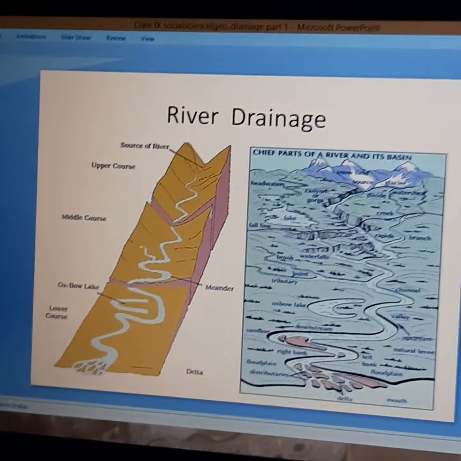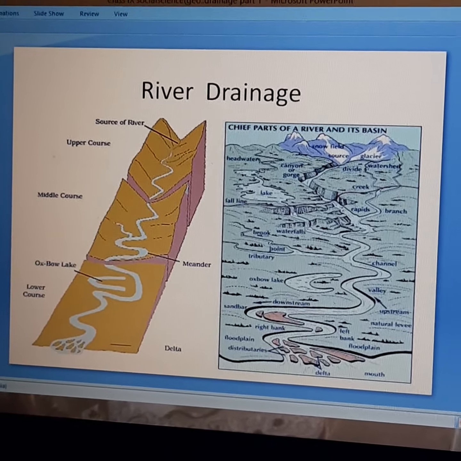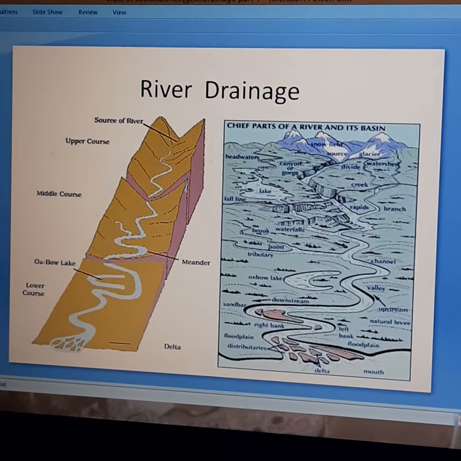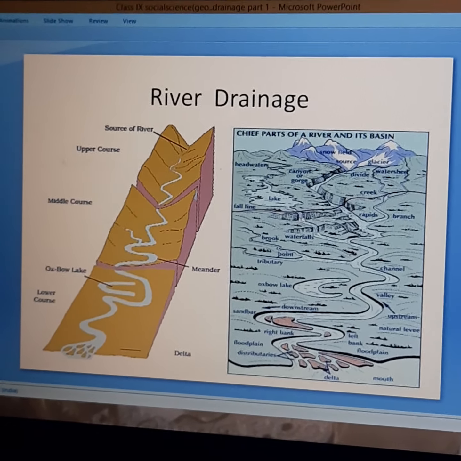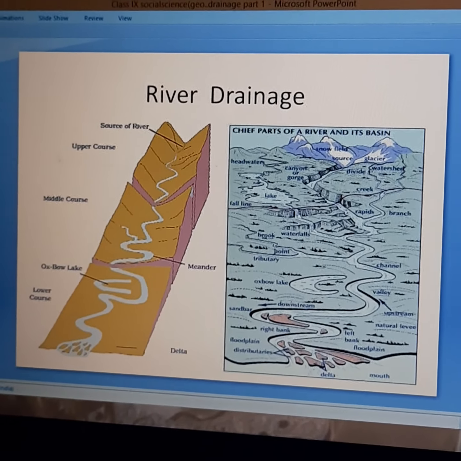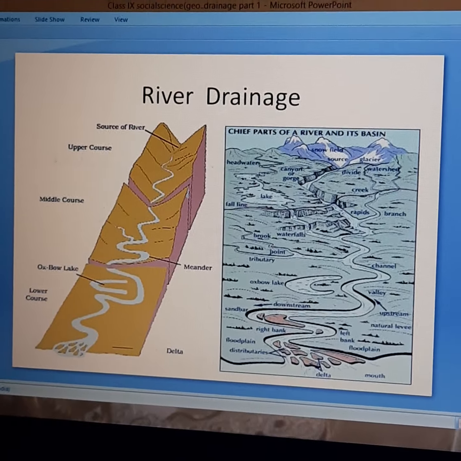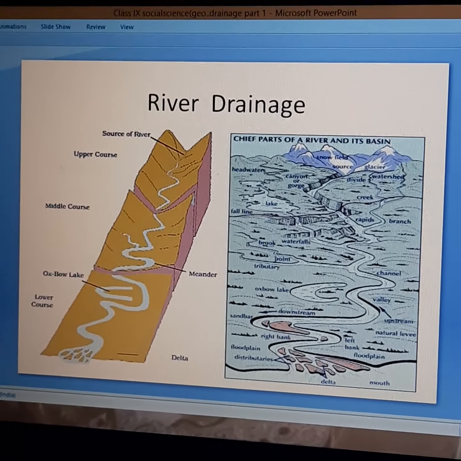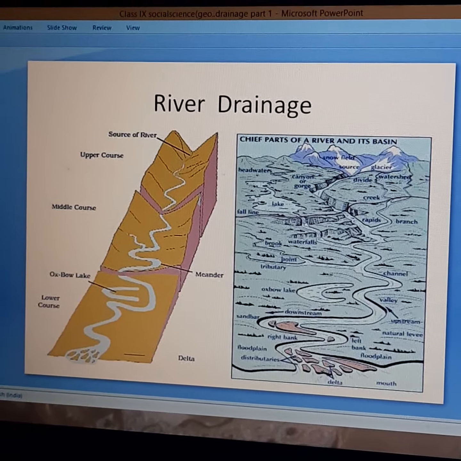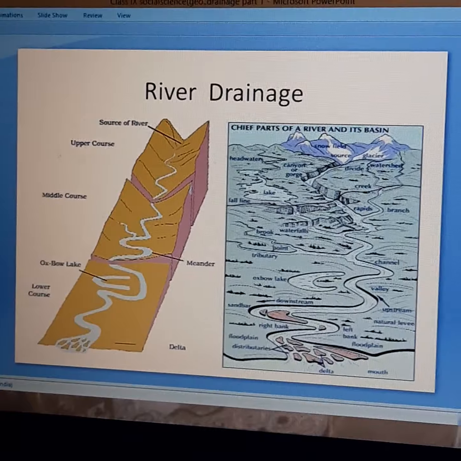In the upper course, they are very active and perform intense erosional activity as they carry huge loads of silt and sand. In the middle course, they form meanders and oxbow lakes. At the lower course, at the mouth, they form a delta.